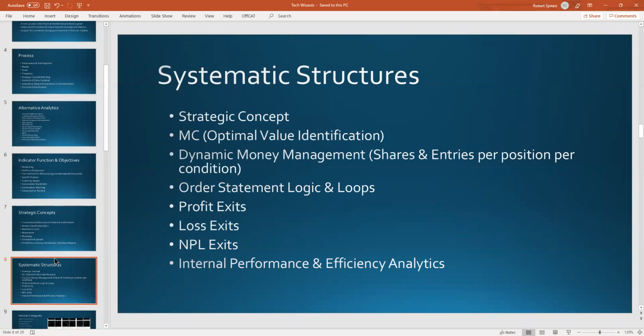MPLs are non-profit and loss exit models that don't even look at profit and loss. They just identify a market environment, condition, or criteria. Something has occurred within the market that's not very conducive to the model or to the underlying target that's applied to the market. So we go ahead and exit.